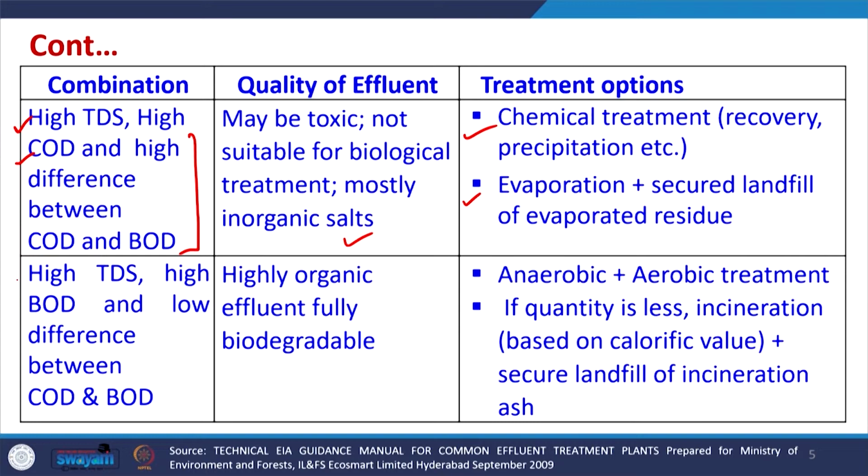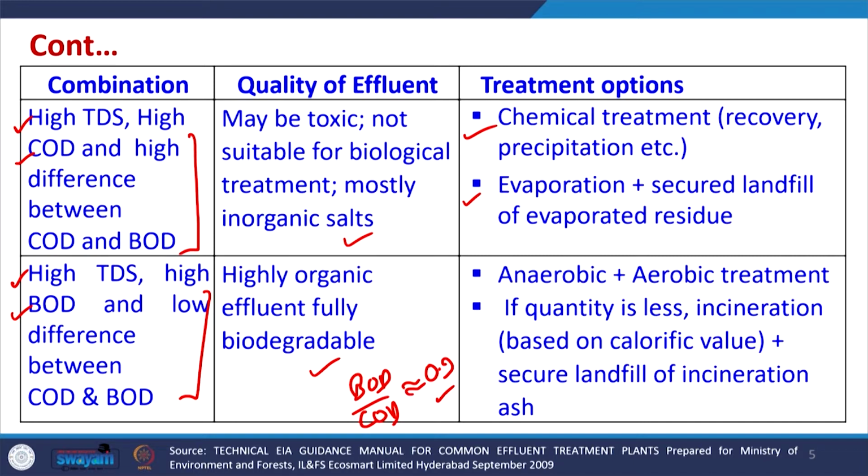Similarly, if the wastewater has high TDS, high BOD, but only a low difference between COD and BOD, that means the COD is highly biodegradable. If the BOD to COD ratio is near 1, or around 0.9, we have very high biodegradable content in the water.